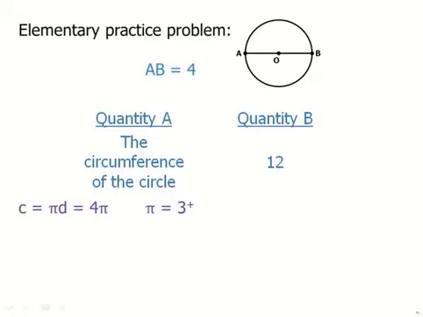Well, think about this. 4 times something slightly bigger than 3 is going to be bigger than 4 times 3. So quantity A has to be bigger because something slightly bigger than 3 is larger than exactly 3. So that's why A has to be bigger. Again, the exact value, the exact calculation, absolutely irrelevant to answering this question.